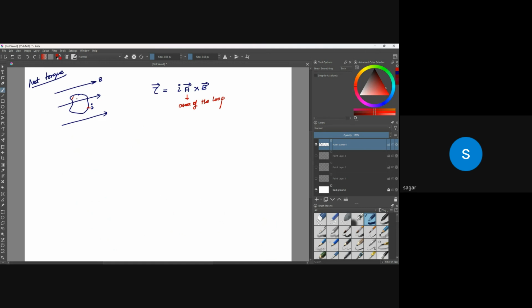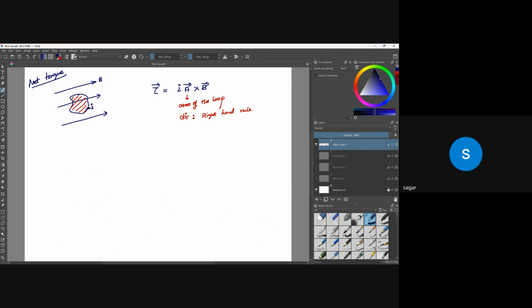Area of the loop means this area, right? But the thing is, A is a vector. It's A bar, it's not just A. So what is the direction of area? To get the direction of area, we use the right hand rule. The current is going anti-clockwise here. If you curl the fingers of your right hand in the anti-clockwise direction, the thumb will be pointing out of the screen.